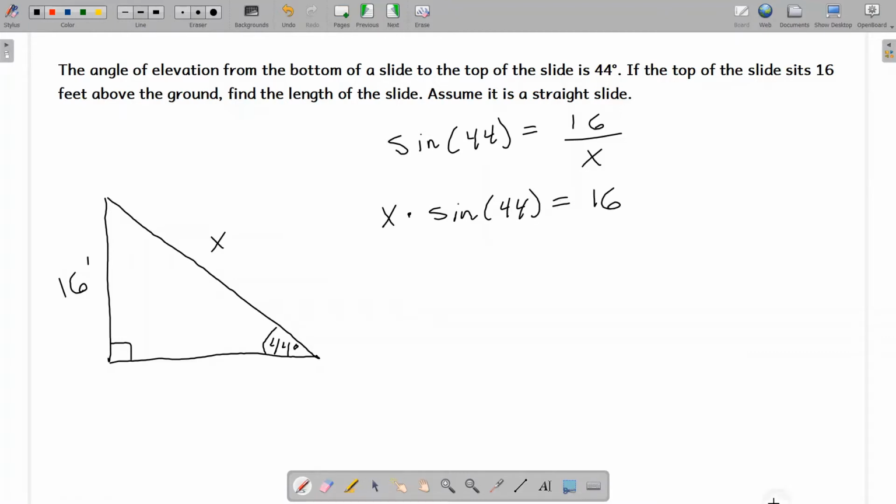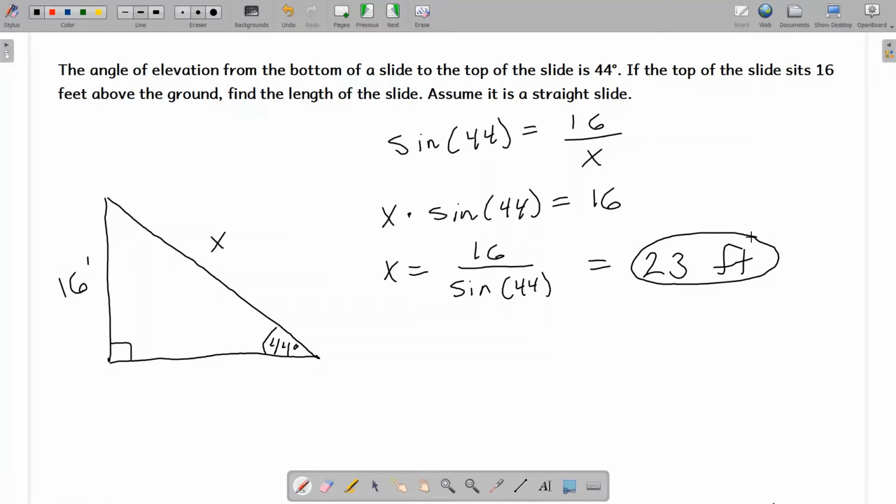Divided by sine of 44. And when we calculate this, we are going to get that the slide is 23 feet long. So once you get your picture set up, it's really pretty easy calculations.